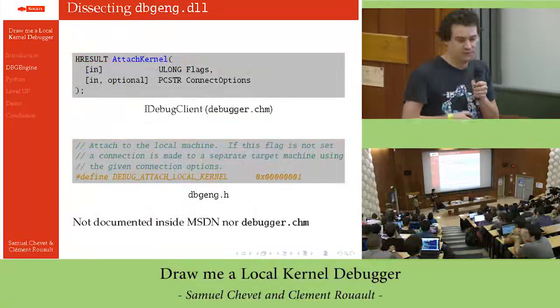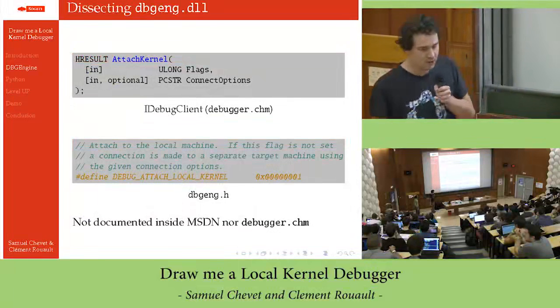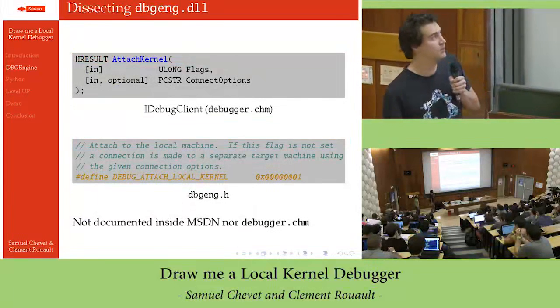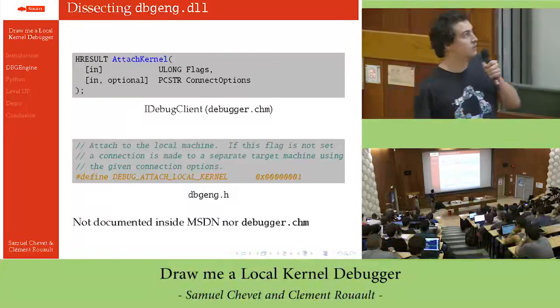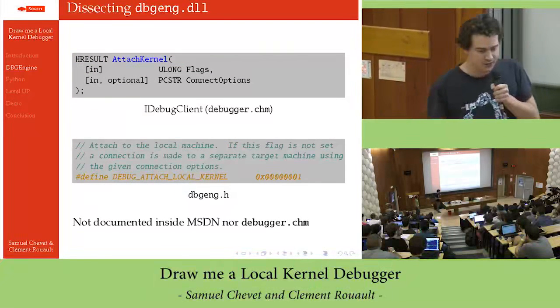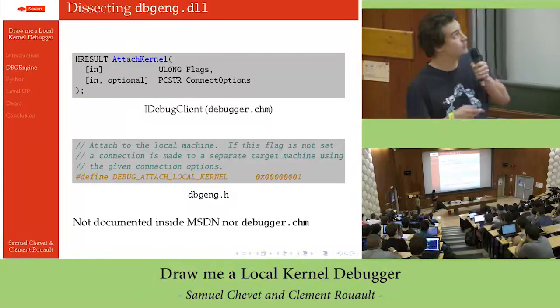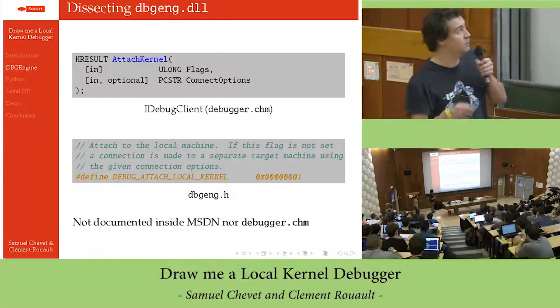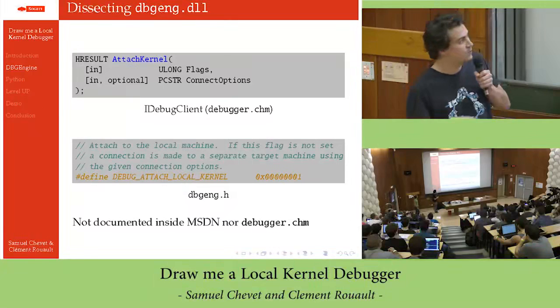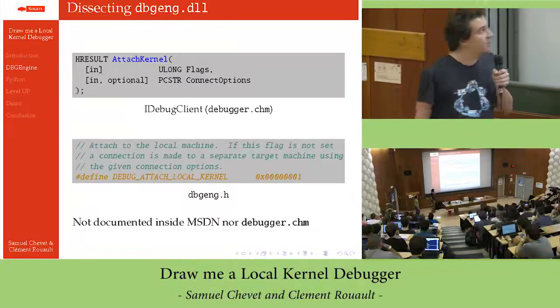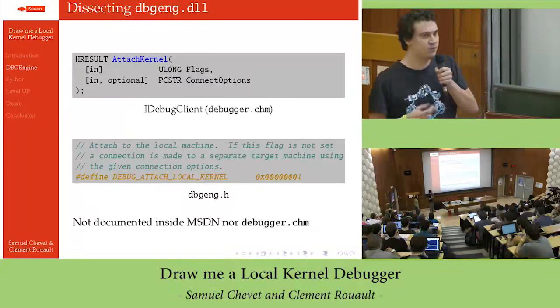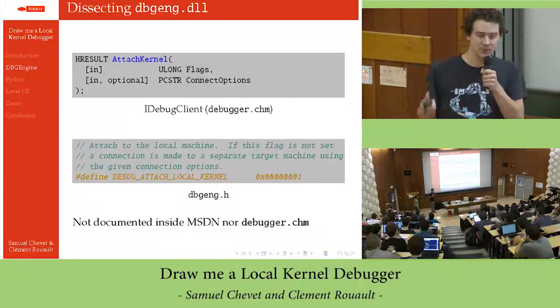So by dissecting the documentation inside the CHM, it's a compressed HTML format of Microsoft, we can find an AttachKernel. It takes as first parameter a flags and a connect options. But when we went inside a header file, dbgeng.h, we found a hidden flag that was not documented in the online documentation.